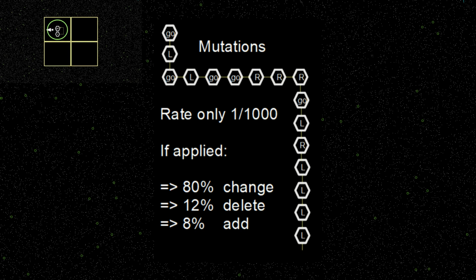Again, in most cases, every gene is copied perfectly, but in one case out of 1,000, a mutation will occur. The gene will either be modified to a random value, or it will be deleted, or a new gene will appear in addition. As you can see in the picture, in most cases, a mutation will lead to a simple change.